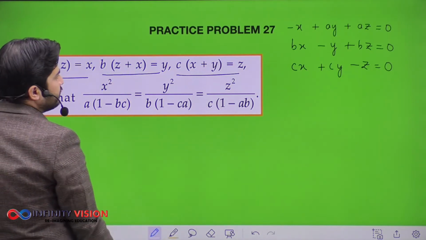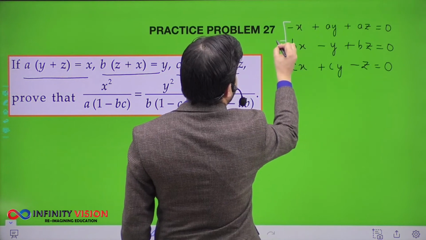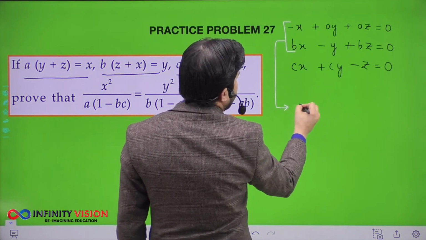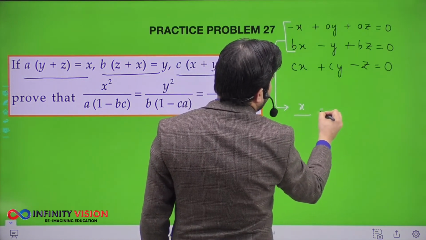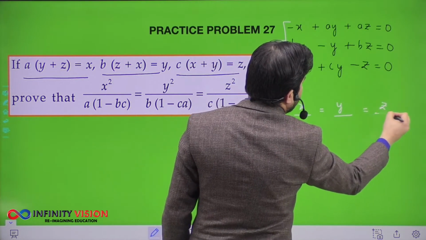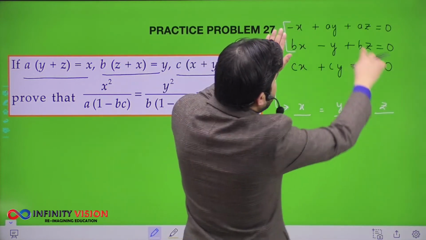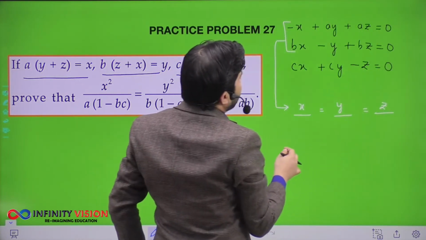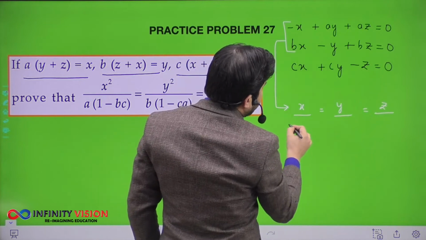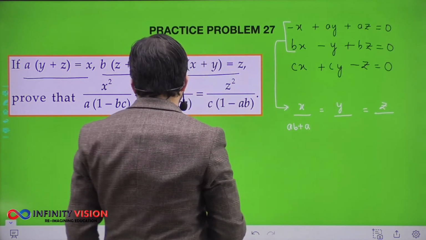I'll try to first write the proportion of x, y, z using these 2 equations. So this would be x upon y upon z upon. I'll just hide my x. I'll get ab minus minus a, which makes it ab plus a. Right? I'll get ab plus a.